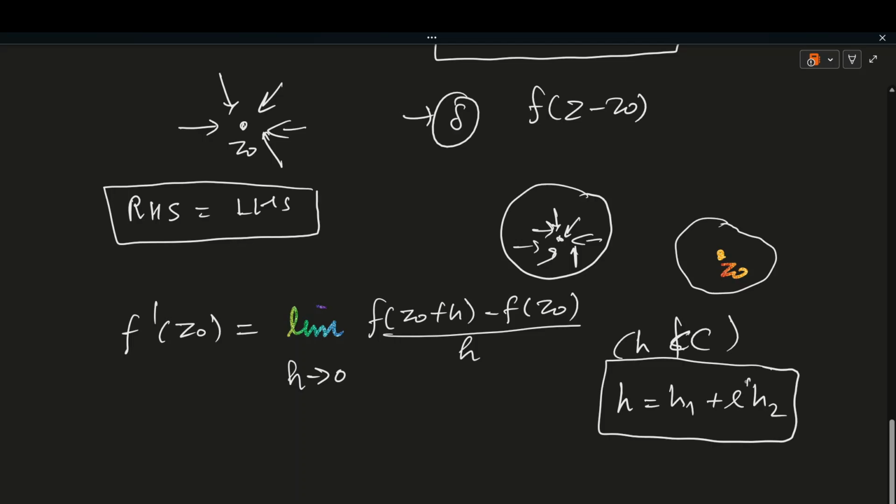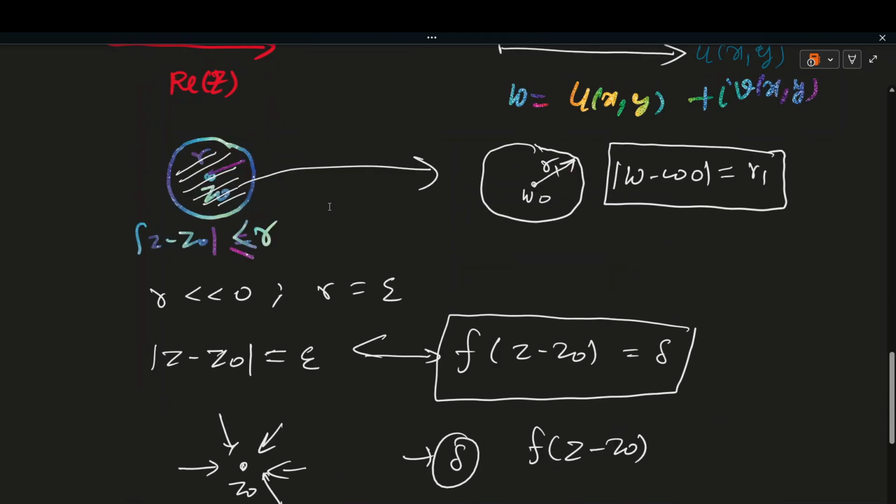So what we are saying is that if you add some h that is tending to 0, and we take the limit for the rate of change of this function z about z naught, we will get a differentiation. Okay, so now things are clear.